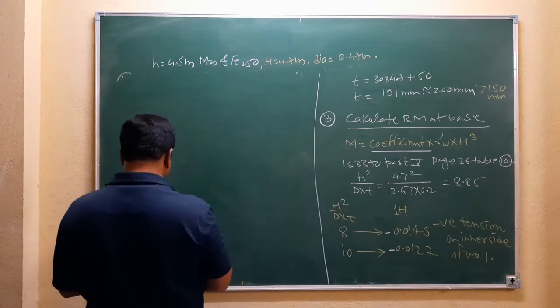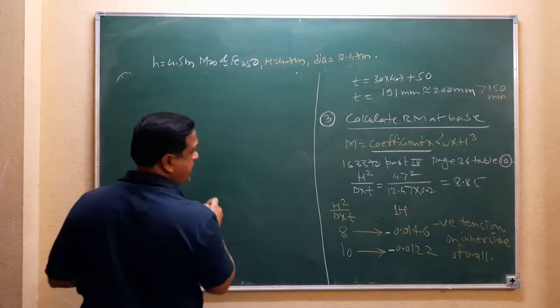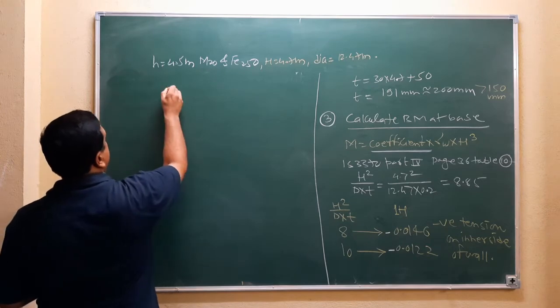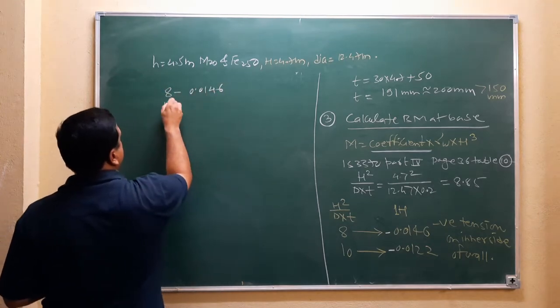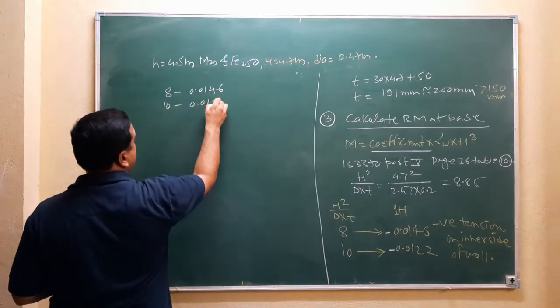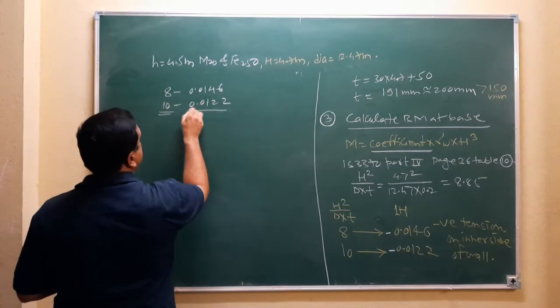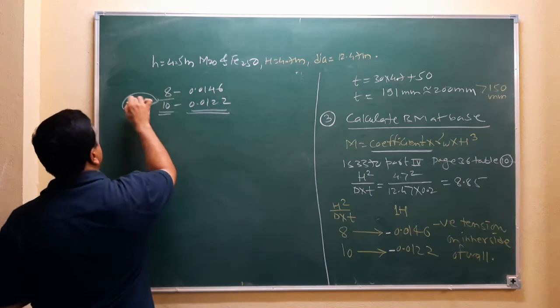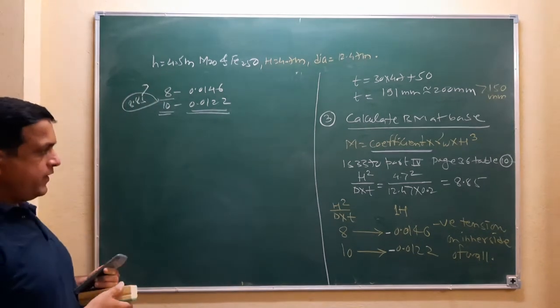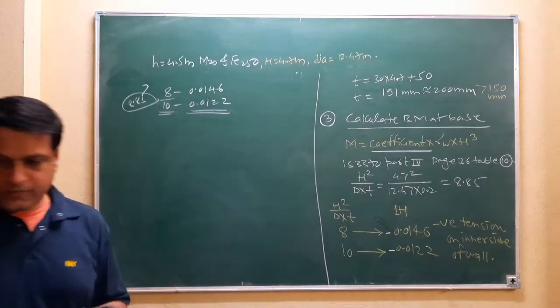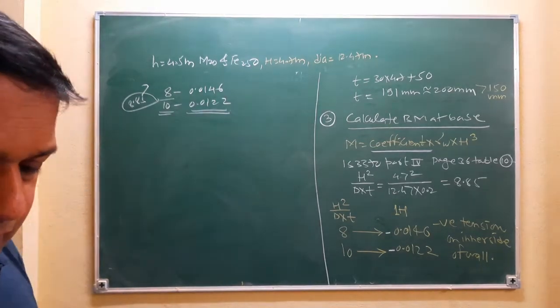As per our consideration, for 8 it is 0.0146, and for 10 it is 0.0122. So what is the value for 8.85 by interpolation?